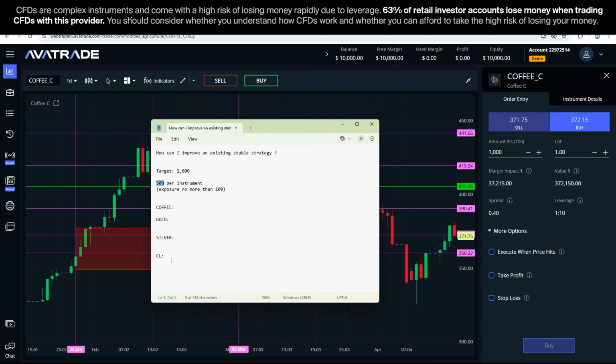So that means potential profit 500, potential loss 100. What I'm going to do is I will compare potential profit, potential loss.